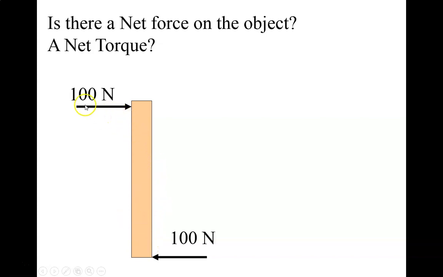So in this case, I've got 100 newton meters of torque. What's the direction of this torque, if this is where it's pinned, where it's rotating about? It's going to be rotating in the clockwise direction. So 100 newton meters clockwise.